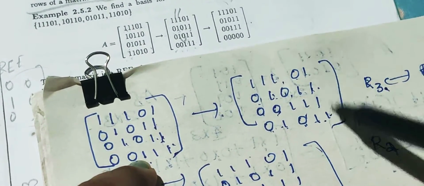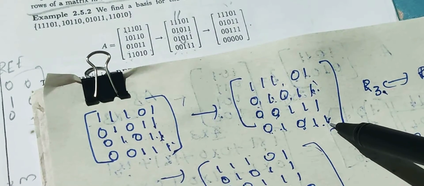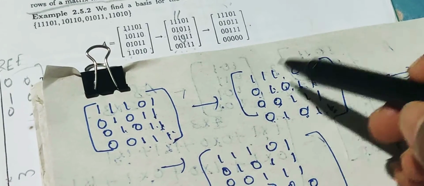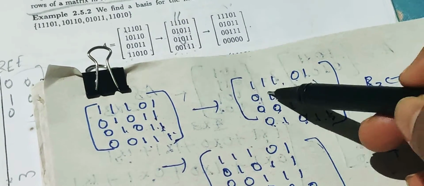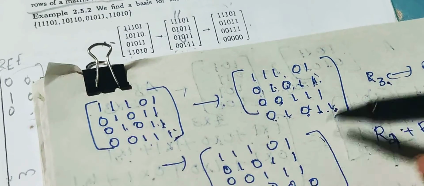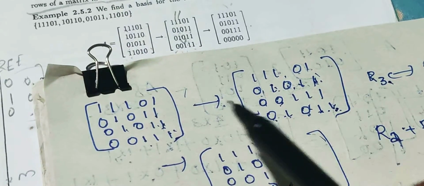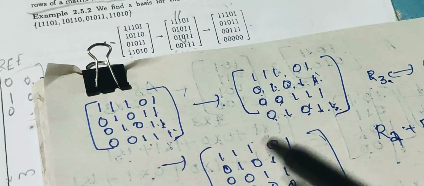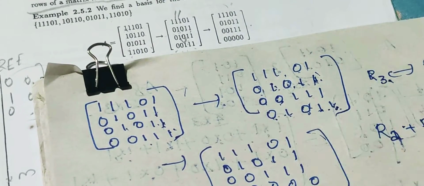R4 becomes R3. Then adding these two rows, row 2 and row 4, we get 0 plus 0, 1 plus 1 is 0, 0 plus 0, 1 plus 1 is 0, 1 plus 1 is 0. So we get 1 1 1 0 1, 0 1 0 1 1, 0 0 1 1 1.